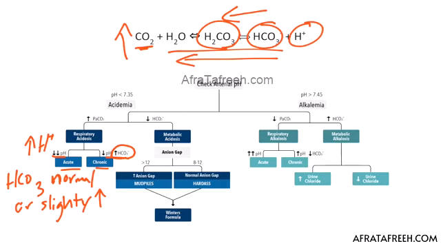Ultimately, the excess carbon dioxide gets converted to equal concentrations of bicarbonate and free hydrogen ions, which explains why bicarbonate levels are normal, but the pH is low, resulting in an acidemia.